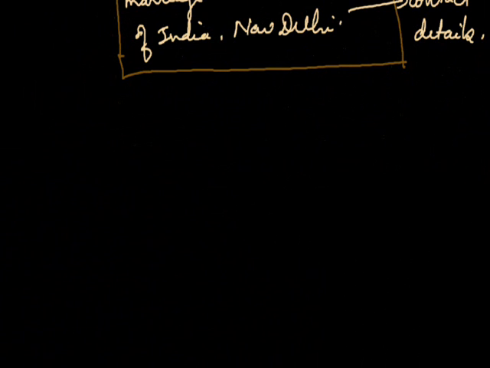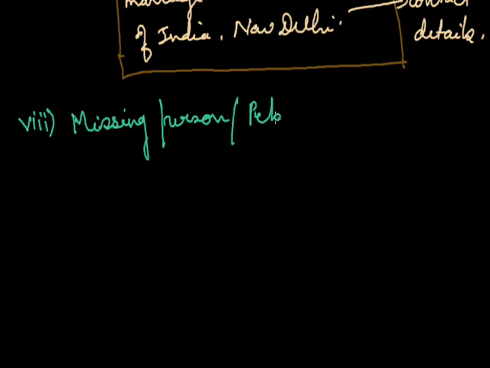Then coming to the 8th point, talking about the missing. If you need to advertise about a missing person or pets, what all things are to be kept in mind? First thing is to begin with the word missing.